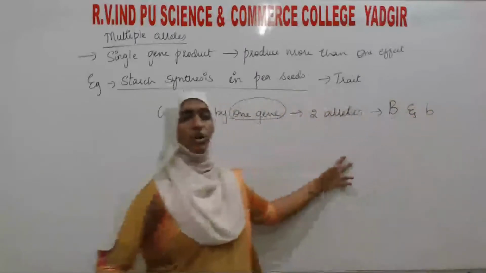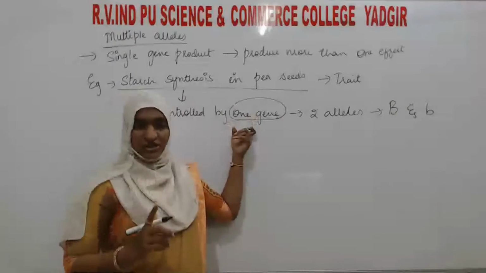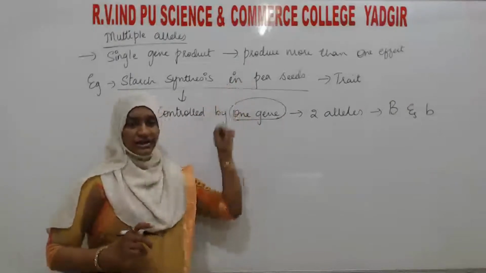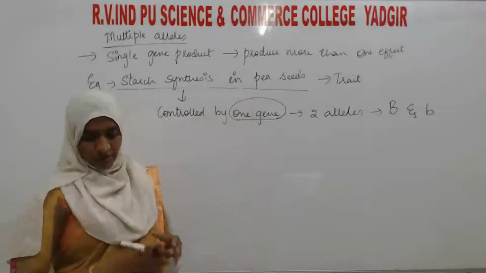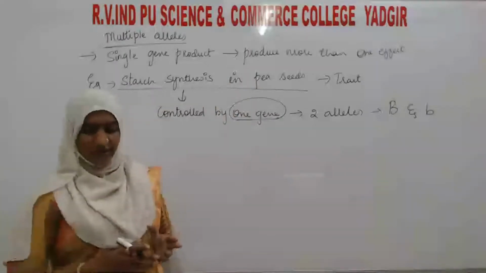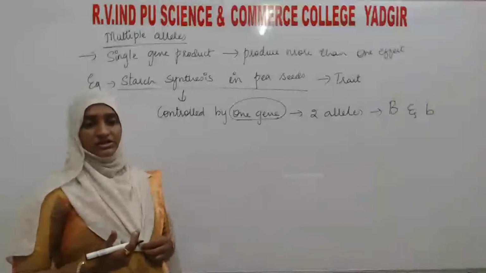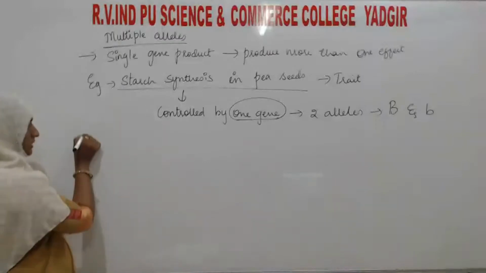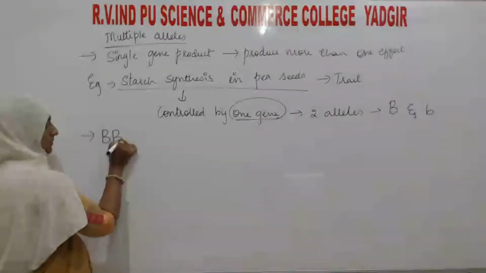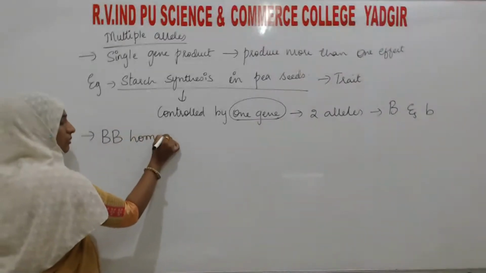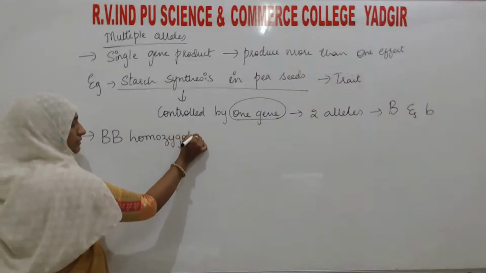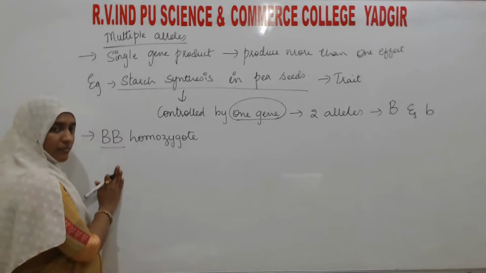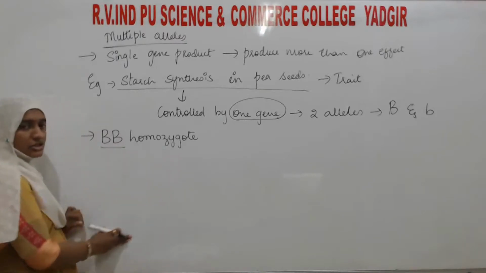These are the two alleles present in one gene, and that gene is responsible for controlling that character. Starch synthesis is more effective when the genotype is BB. Obviously they both are dominant, capital B and capital B, present in homozygous condition.